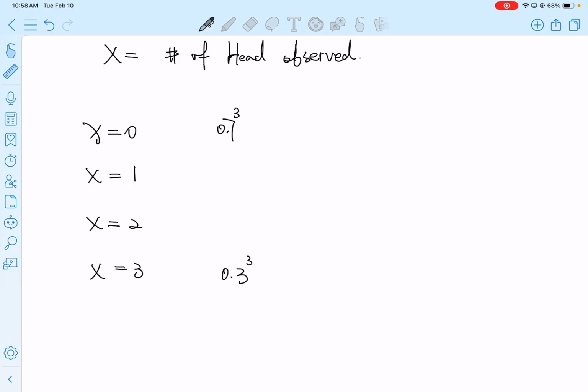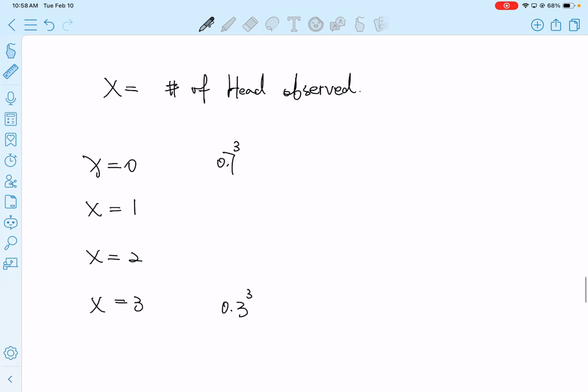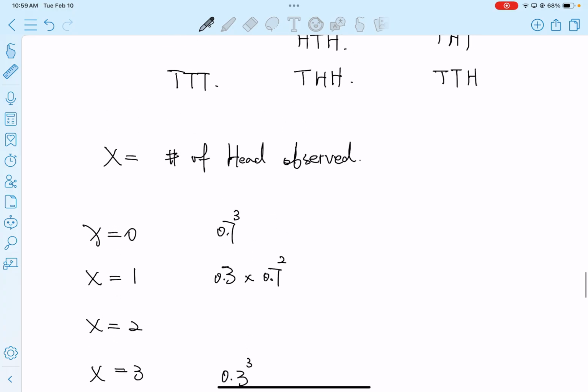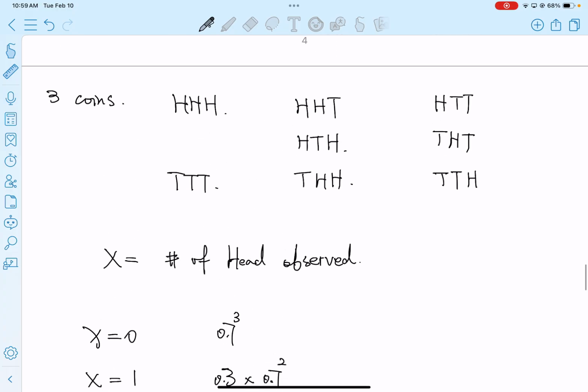And now let's take a look at the head equal to 1. So we'll have 0.3 raised to the power of 1 multiplied by 0.7 raised to the power of 2. But that is just one particular outcome from your table of 8 different ways here.